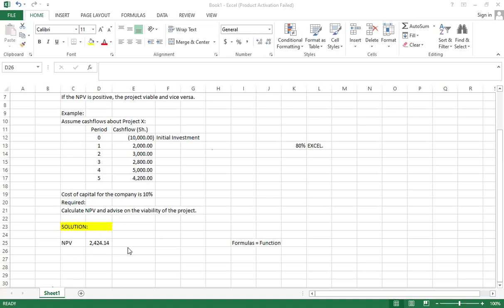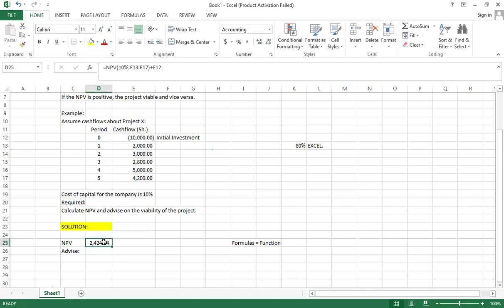Now, apart from computing the net present value, the question also asks us to advise on the project's viability. So here below, let's have the advice. You simply check the sign of the NPV figure.